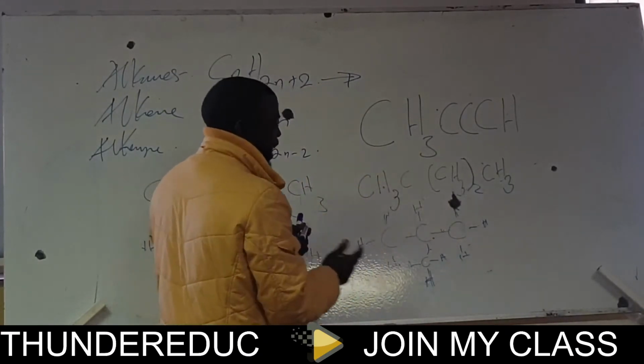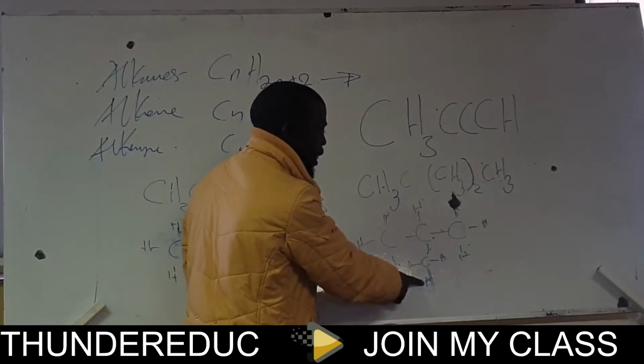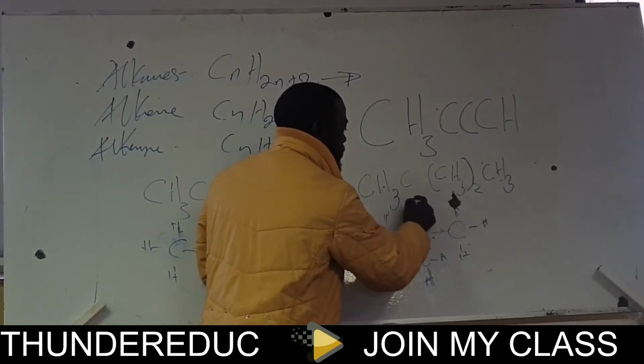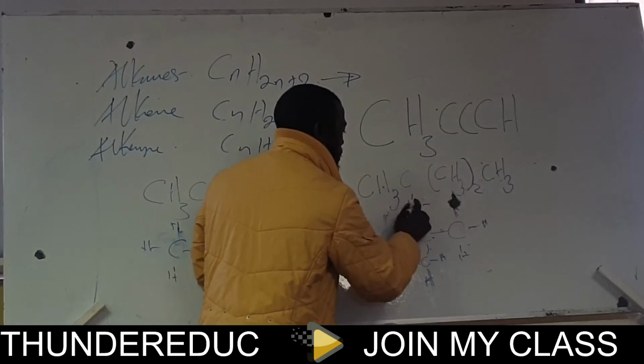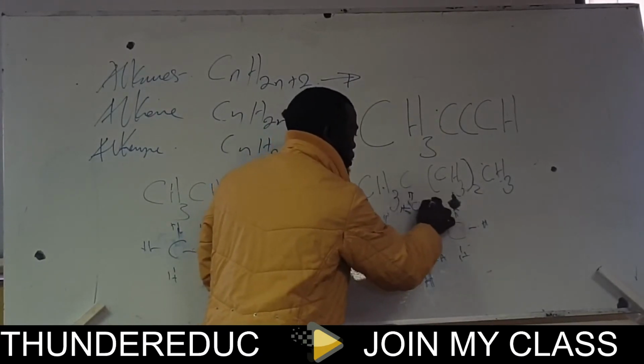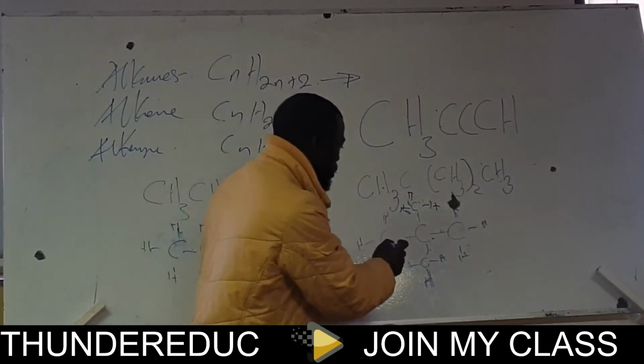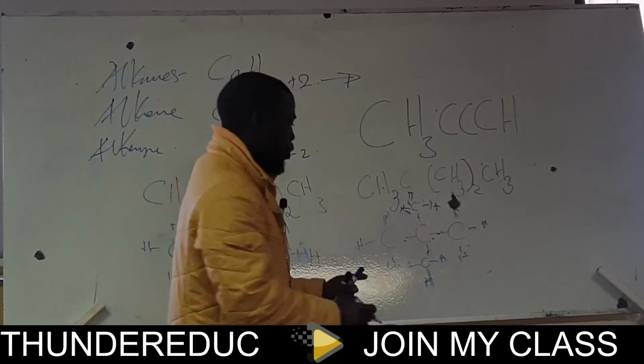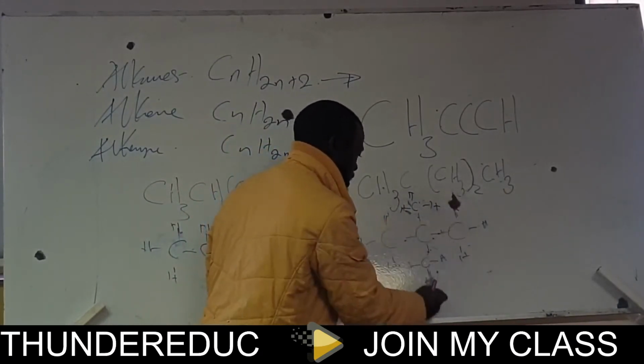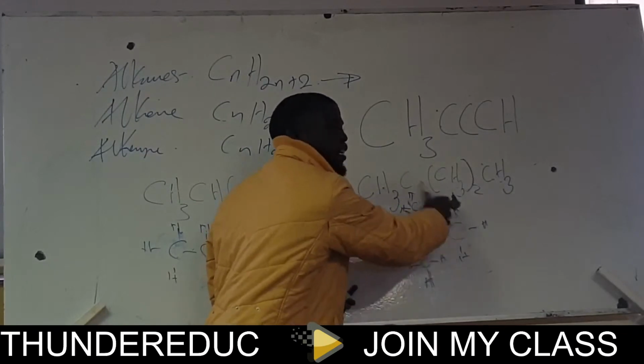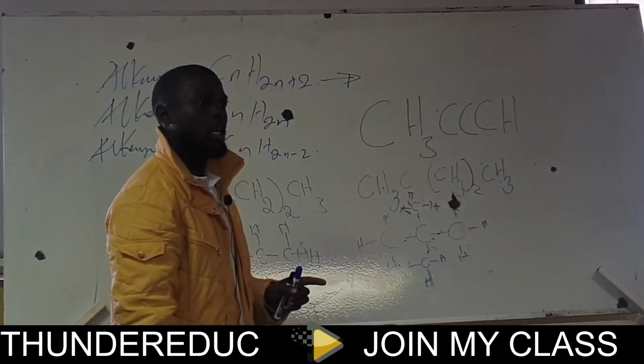So now I have one carbon here, and I have another side group on this side. Are you seeing? So when you count 1, 2, 3, 4, one CH3 is here, and another CH3 is on that side. Is it clear?